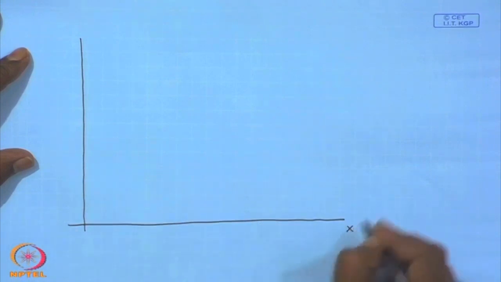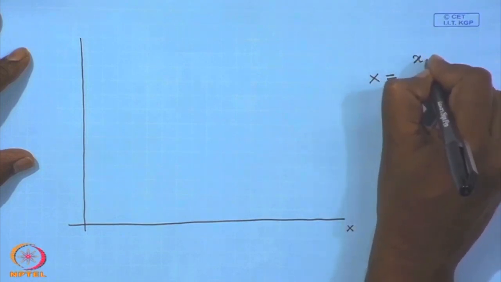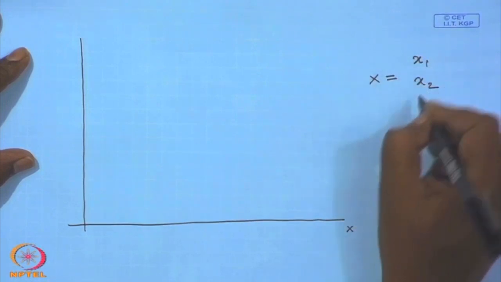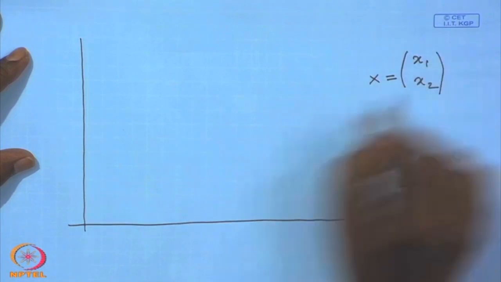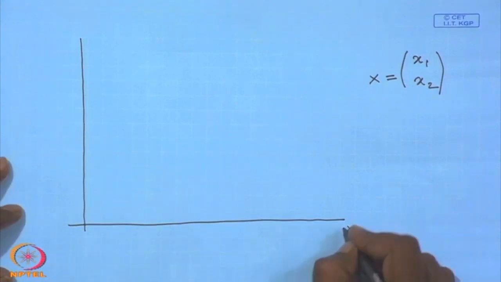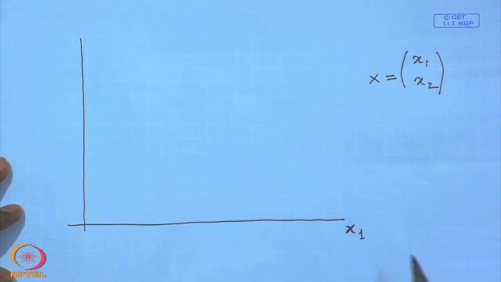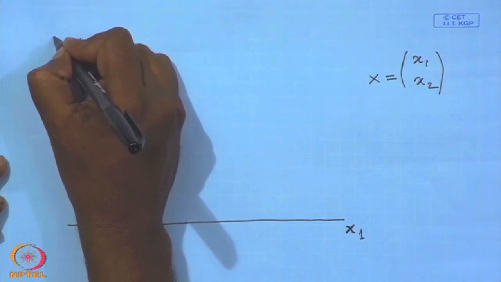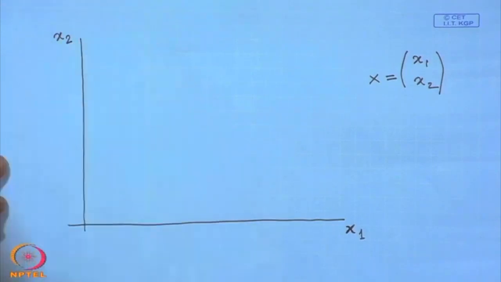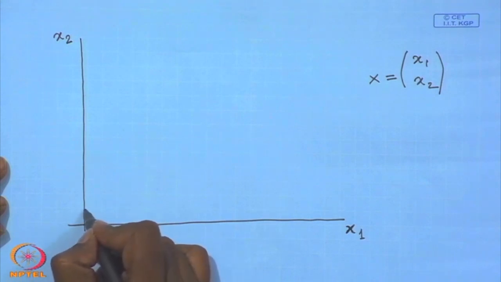I have a feature vector x of the form x 1, x 2, where x 1 and x 2 are the components of the feature vector x. I am using two dimensional feature vectors, and I will use this as the x 1 axis, and the vertical axis as the x 2 dimension. Let us put some grid.